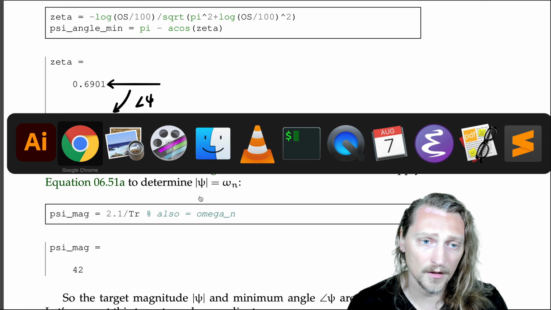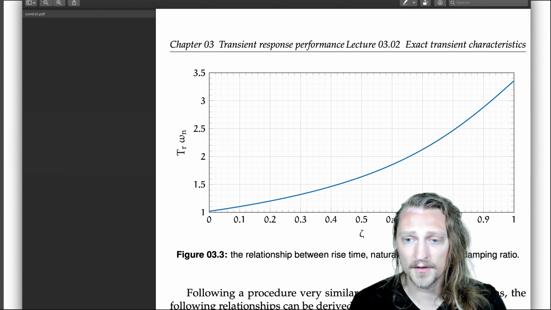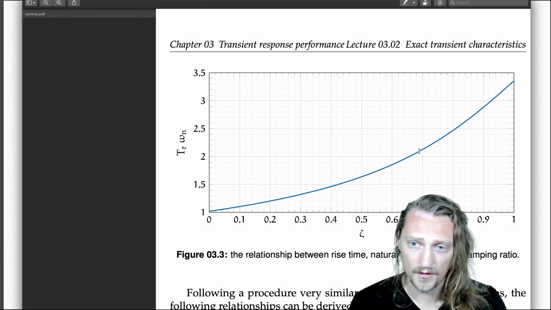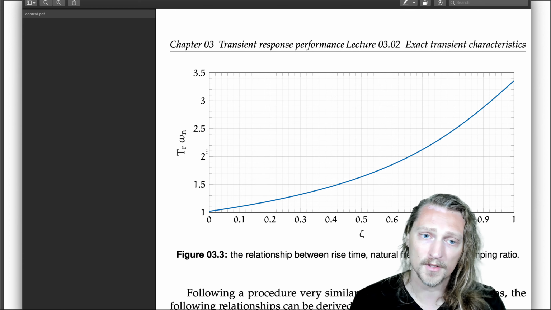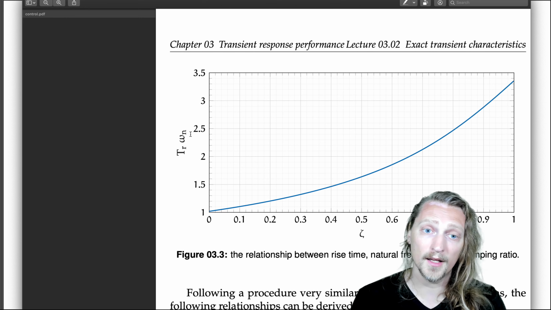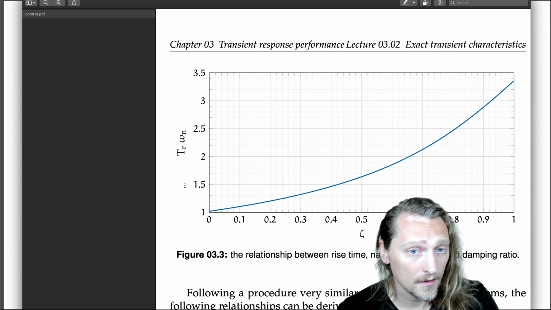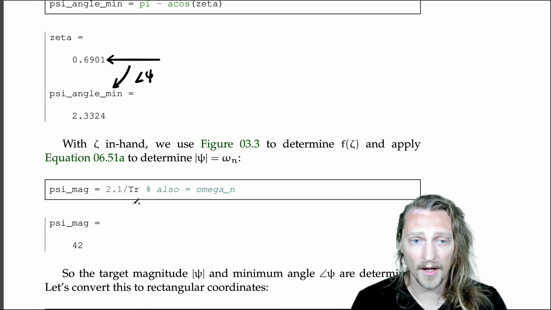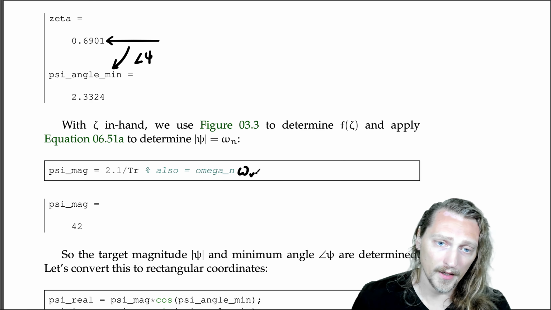So for the natural frequency, the zeta rise time relationship given in figure 3.3 says, now that we have our zeta, we go to 0.69, which is right here, and we follow it up to the curve, and that corresponds to about 2.1. So the rise time times omega n equals 2.1. We know the rise time was specified to be 0.05, so we can solve for the natural frequency to be 2.1 divided by the rise time, which is also equal to the natural frequency omega n.